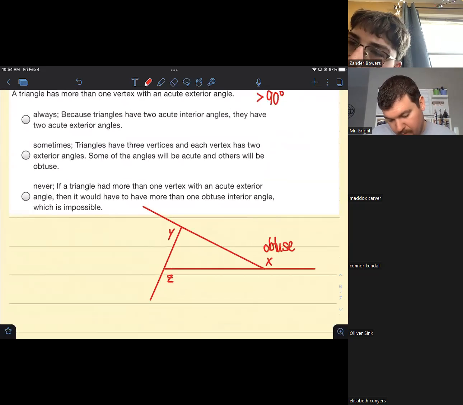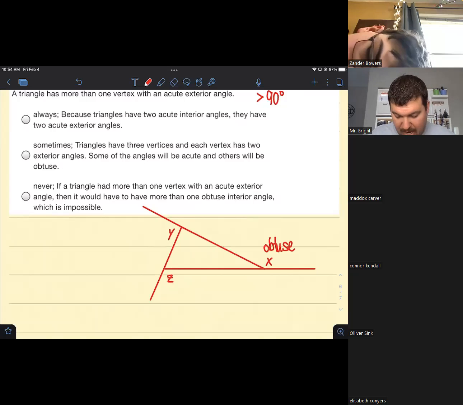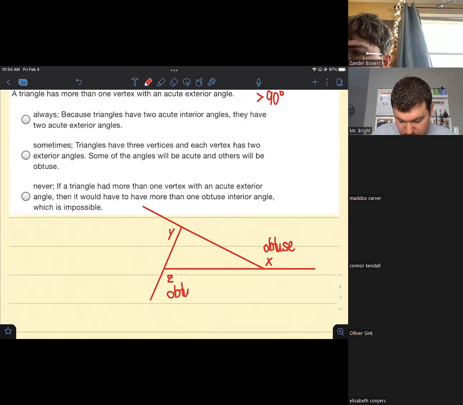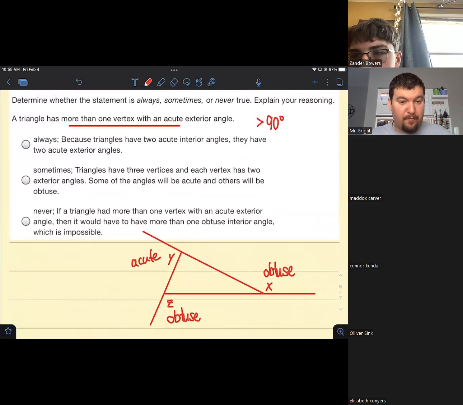I can't tell if it's a right angle, obtuse or acute. I can definitely see that angle Z would be obtuse. And let's just say for the sake of things, this is acute. If it were acute, it still doesn't answer our question of more than one vertex that's acute. So the answer would be no for this triangle.